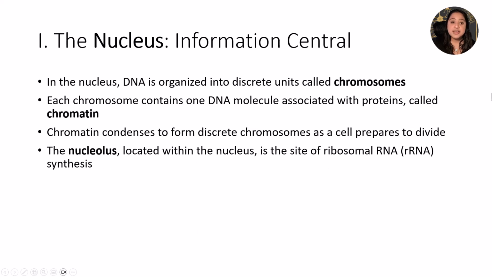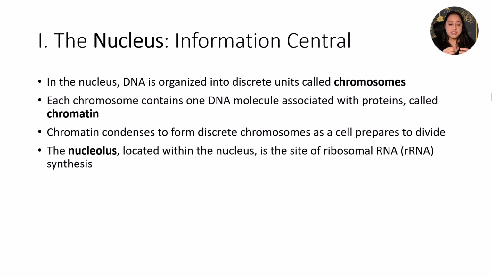Inside the nucleus, DNA is organized into units called chromosomes, and each chromosome is one DNA molecule wrapped around proteins, and together they're called chromatin. Usually it's pretty loose, but chromatin condenses into what we think of as chromosomes when a cell is preparing to divide.